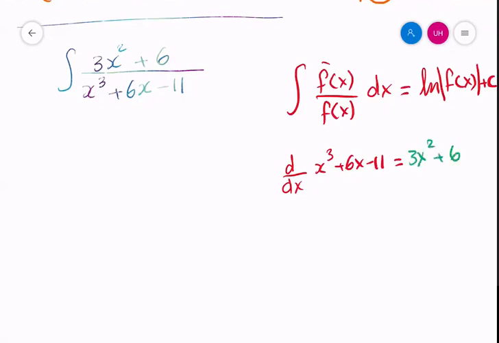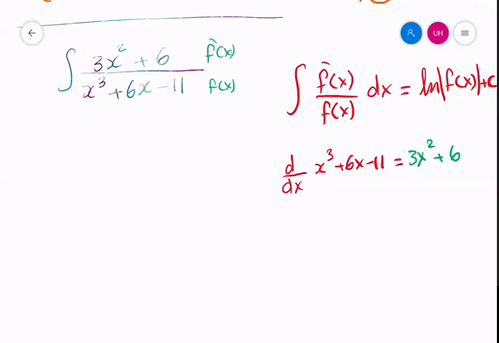Do we have that at the top in this integration? Yes, we do. So this is f prime x, and this is f of x. So what will the answer be?